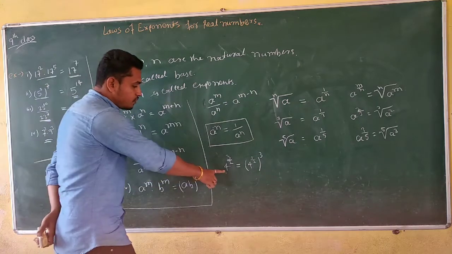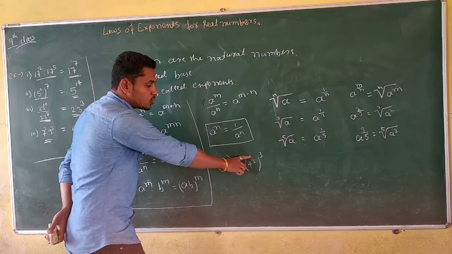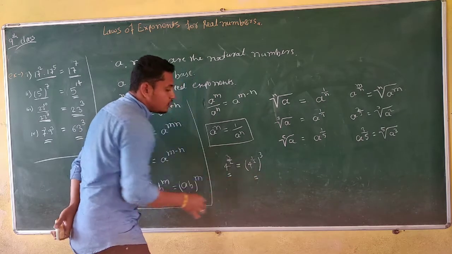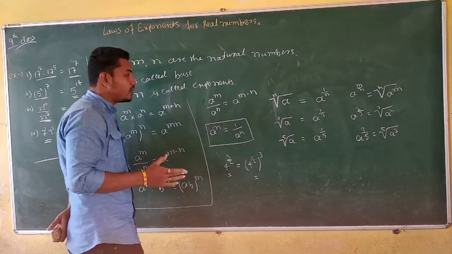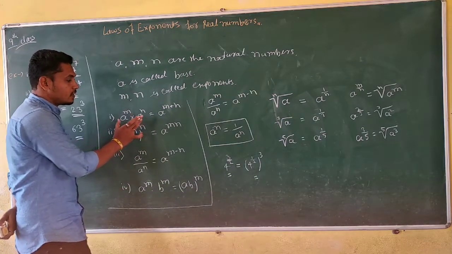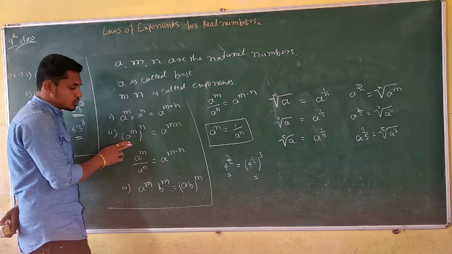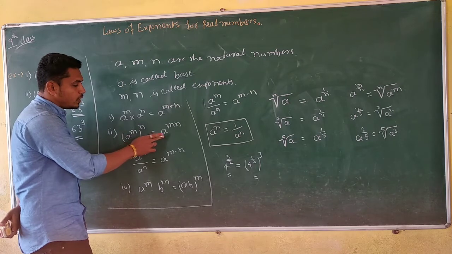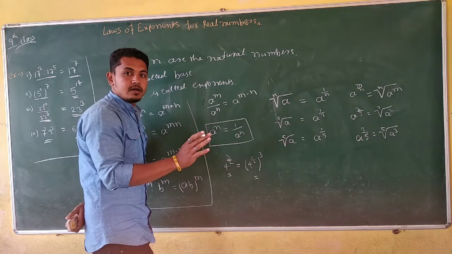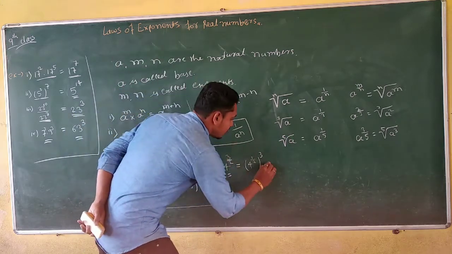These two values are equal by using the second identity: a raised to m, whole raised to n, is equal to a raised to mn, which means 1 divided by 2 times 3 is equal to 3 divided by 2. Is it right? Next, solve.